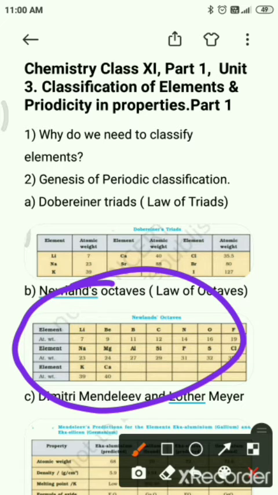Lothar Meyer plotted physical properties such as atomic volume, melting point, and boiling point against atomic weights and obtained a repeating pattern. Unlike Newlands, Lothar Meyer observed a change in the length of that repeating pattern.